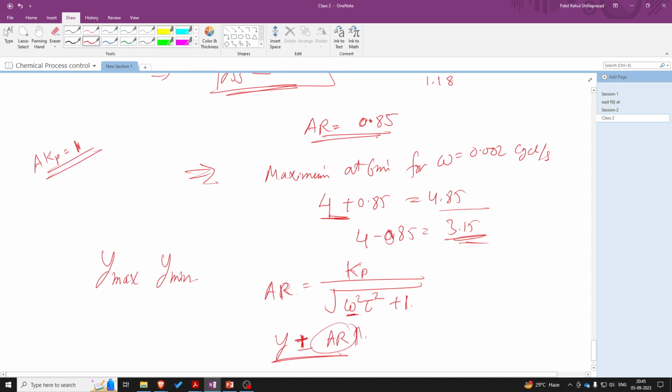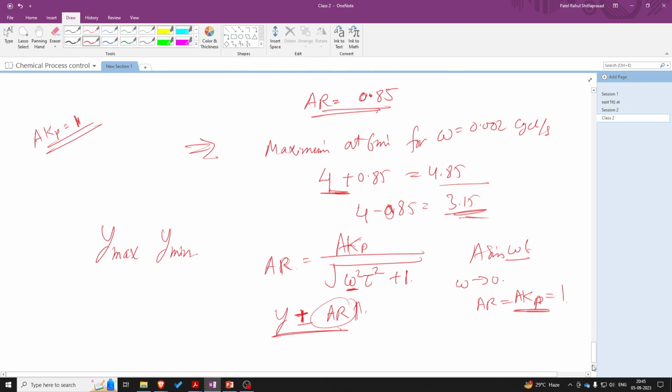But the frequency of the input, that is A sine omega t, this we can change. So if we observe that if omega is equal to 0, the denominator will become 1 and the amplitude ratio will become A times Kp. So this will become our amplitude ratio, that is 1.